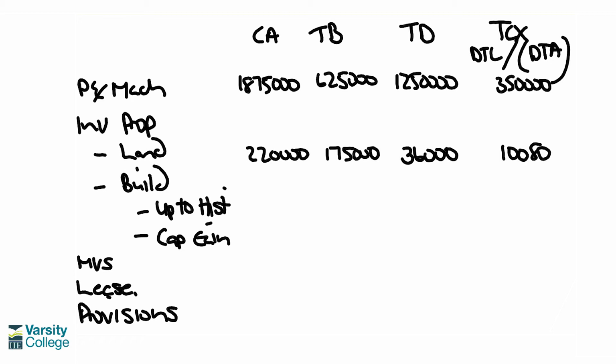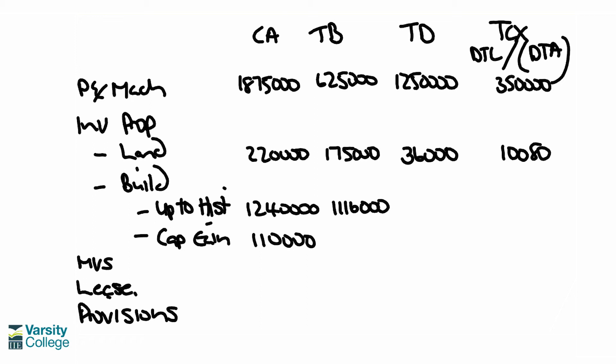Right, now the building. I'm actually just going to write the figures down for the building first before I unpack them. It's just going to be a little bit easier. So 1240 goes in under historical, 110 goes into capital gain, and then 1116 goes into the tax base. The 1116, the tax base, we have to calculate, so I'm going to do that calculation.